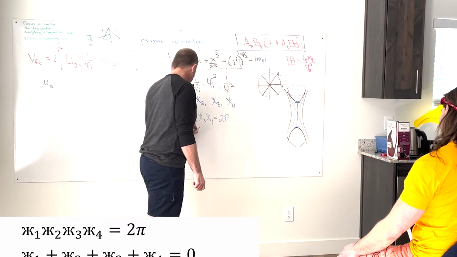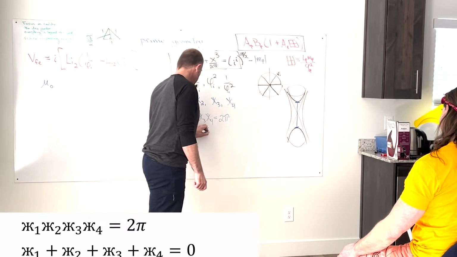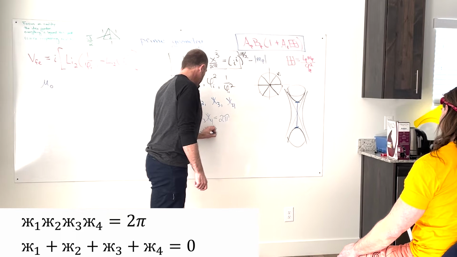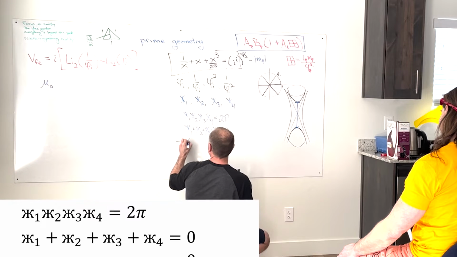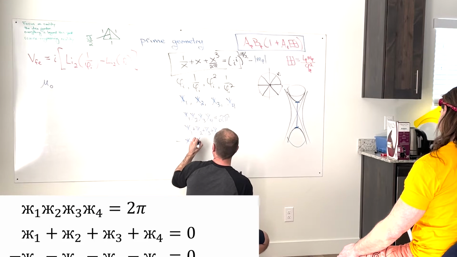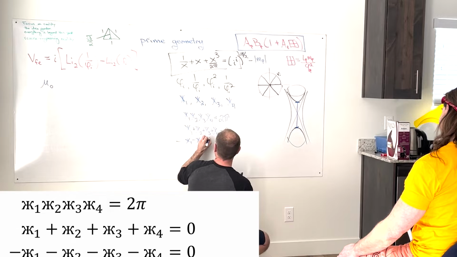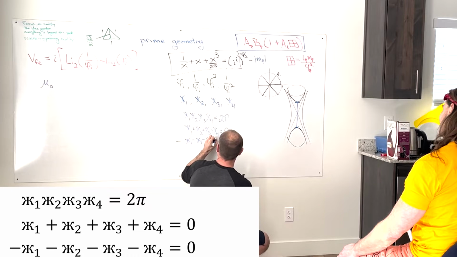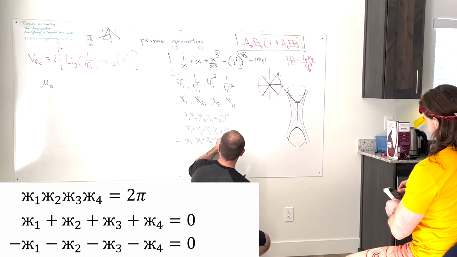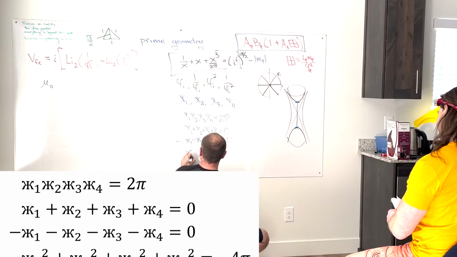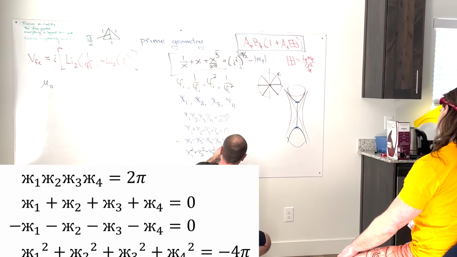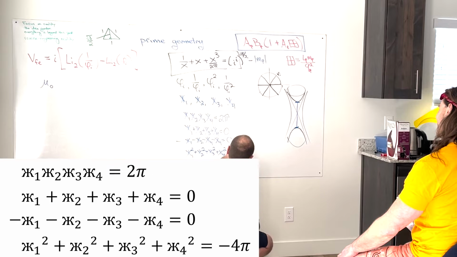J1 plus J2 plus J3 plus J4 equals 0. Now I'm going to even write minus to make it very obvious, just to see the symmetry that's happening. It doesn't matter which way we go. Also 0. And then we have the squares to get our quadrants. That gives us negative 4 pi.